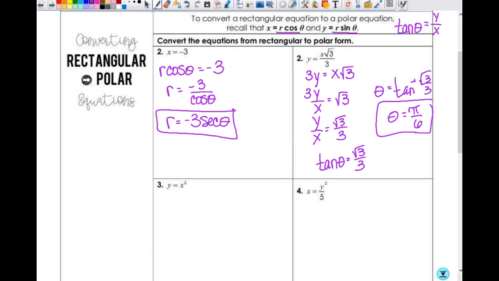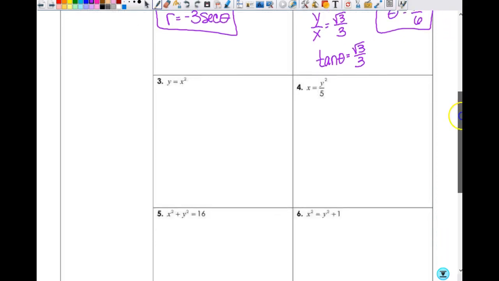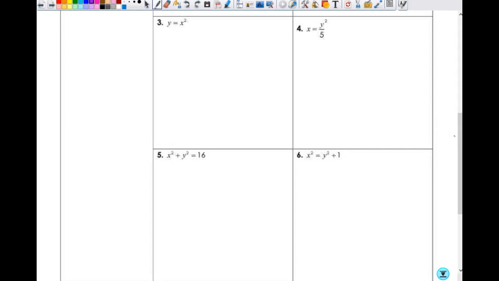Any questions? All right. Let's look at number 3. So here we're going to substitute, right? We're not going to worry about getting the tangent or anything. And you actually could. It doesn't really matter. You end up kind of doing the same thing. So y is r sine theta. x is r cosine theta, but I have to square this.